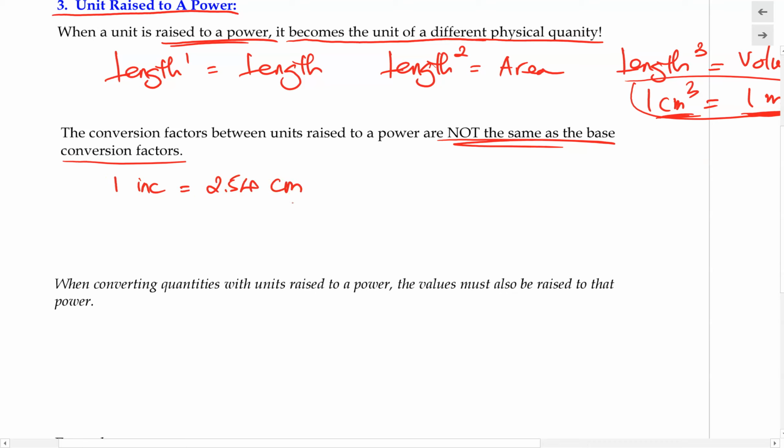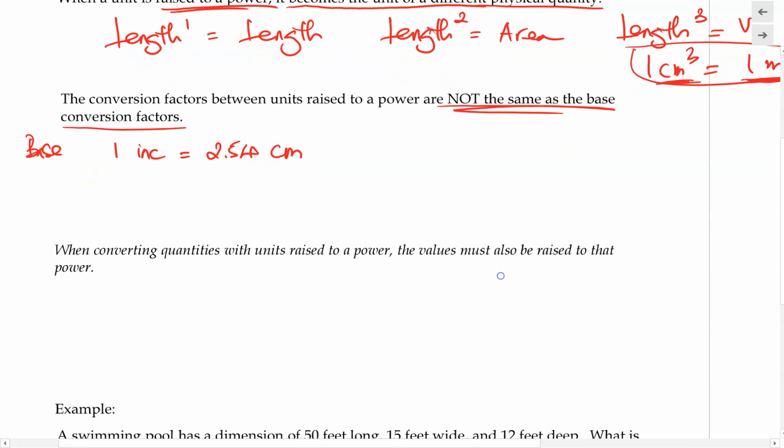And this is the base conversion factor right here when both of the units are raised to the first power, right? But would we think that if we were to have cubic inch and cubic centimeter, this value right here would still be the same thing?